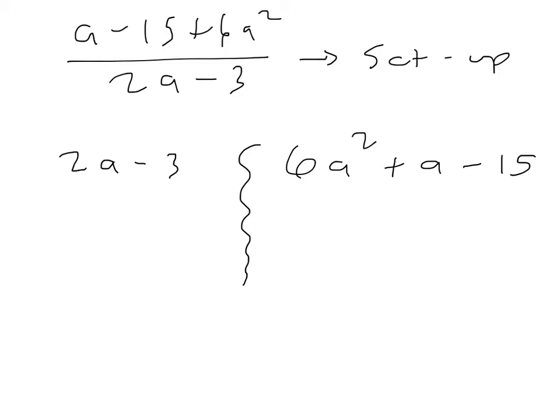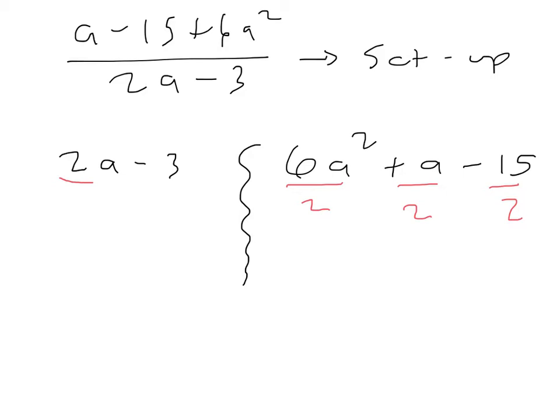So the next step in terms of setup for synthetic division, we need to take the numerator and divide by the lead coefficient of the denominator. So in this case, the lead coefficient of the denominator is 2. That means I'm going to divide each of these terms by 2. And I'm always going to leave the last term written as a fraction.